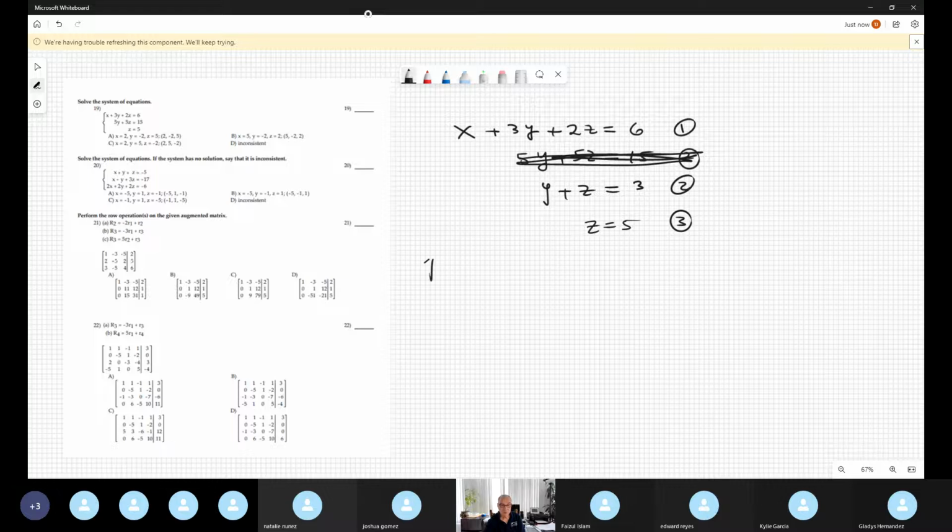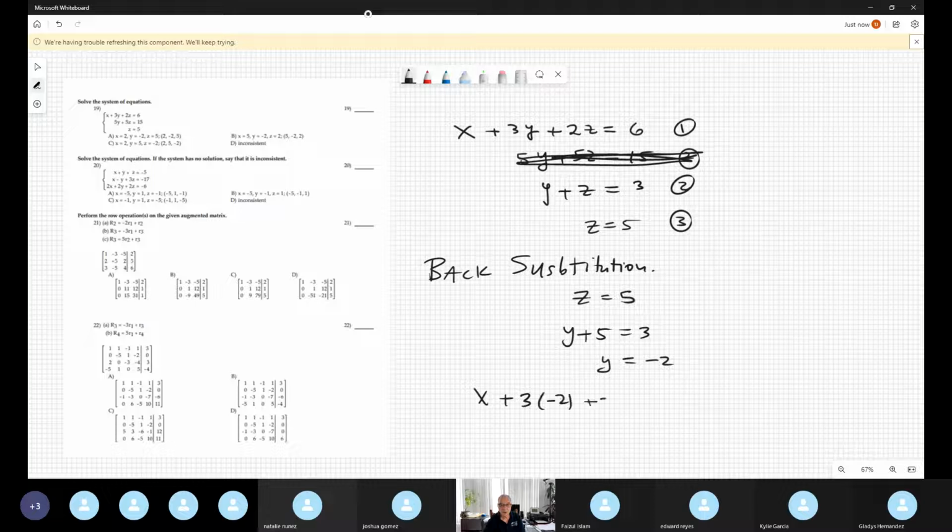Using back substitution. Es obvio que z es 5. Entonces y plus 5 es 3. Replace z for 5. Therefore y alone is negative 2. And x: x plus 3 times negative 2 plus 2 times 5 equals 6.